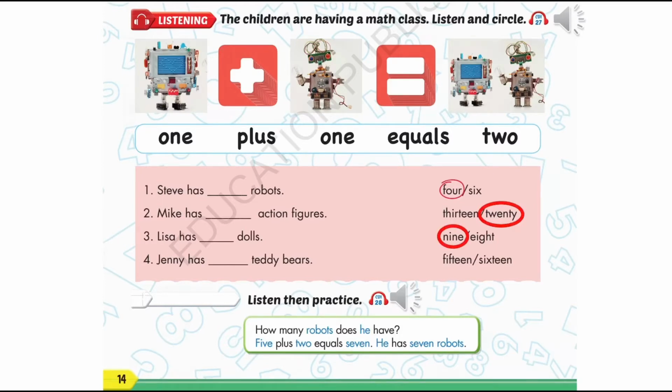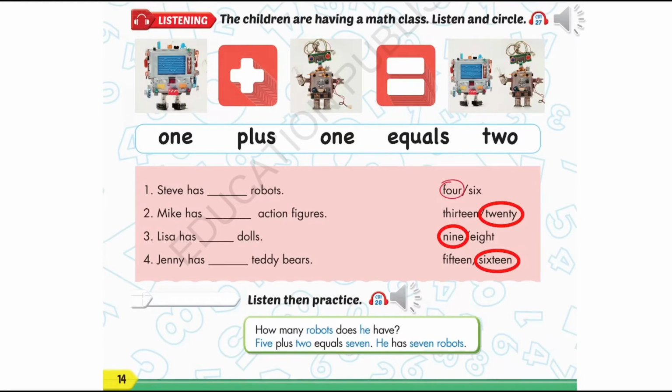You're right. 4. Jenny has 10 teddy bears. Her dad gives her 6 teddy bears. How many teddy bears does she have? 10 plus 6 equals 16. She has 16 teddy bears.